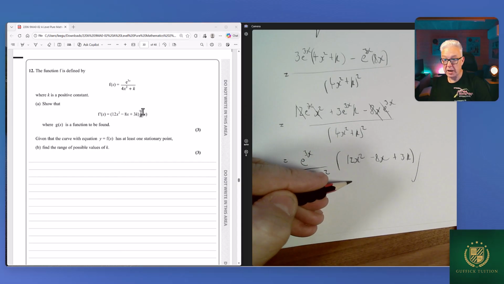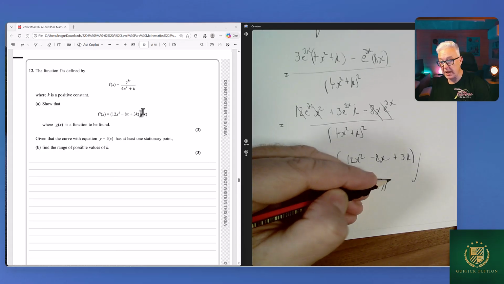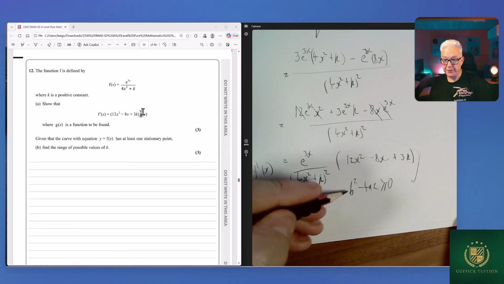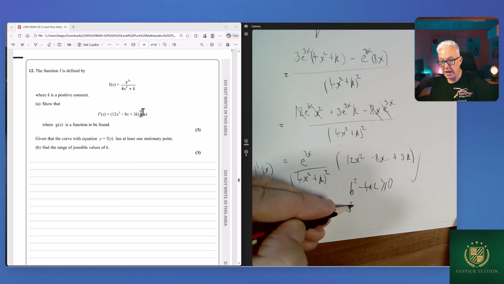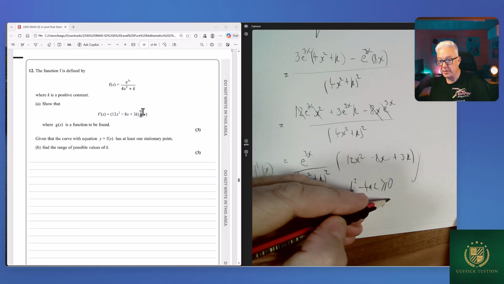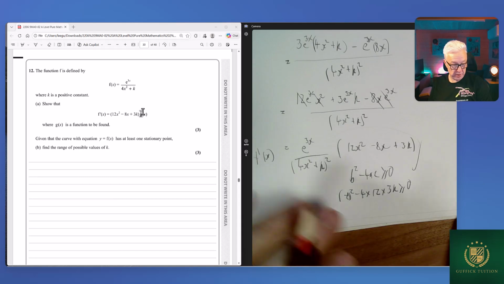So b squared minus 4ac is greater than or equal to 0 for this quadratic: minus 8 squared minus 4 times 12 times 3k, greater than or equal to 0.